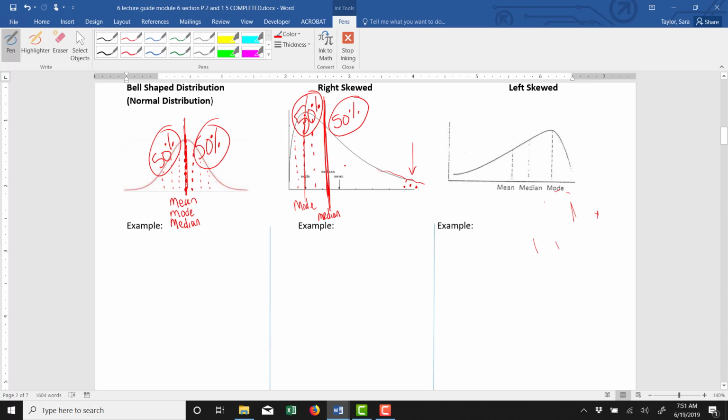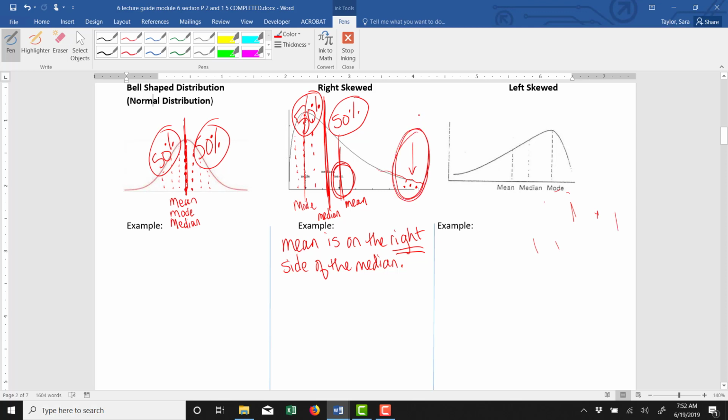Now it turns out on a right skewed distribution, the mean is always on the right of the median. In other words, the mean is higher than the median in a right skewed distribution. And the reason that makes sense is because these high values on the right pull the value of the mean to the right.